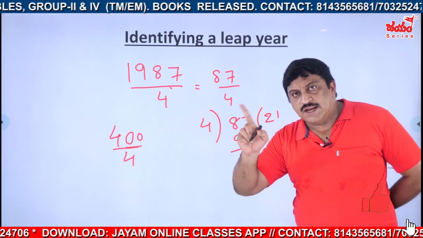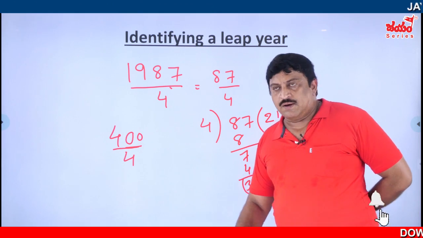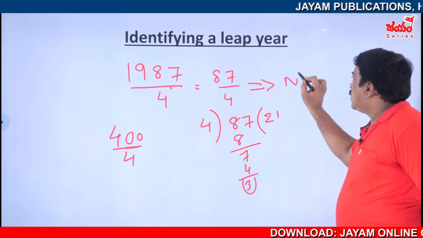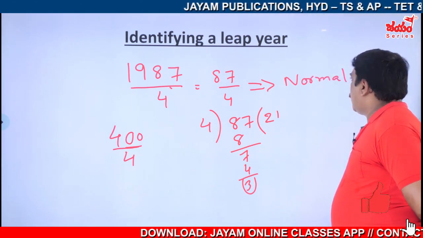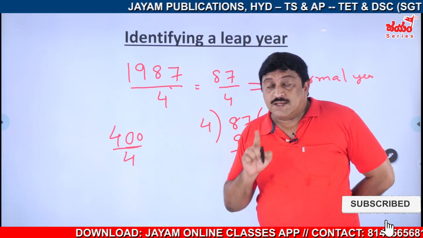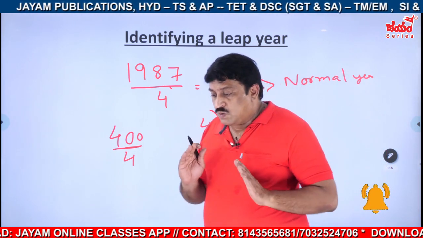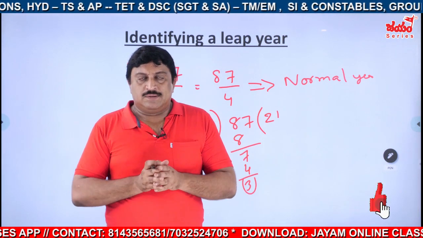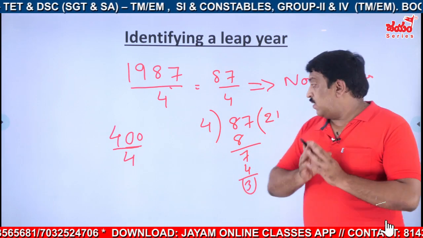Means that is not a leap year, it is a normal year. This is the first rule you must learn, how to identify a leap year. So the only condition is it should be divisible by 4.